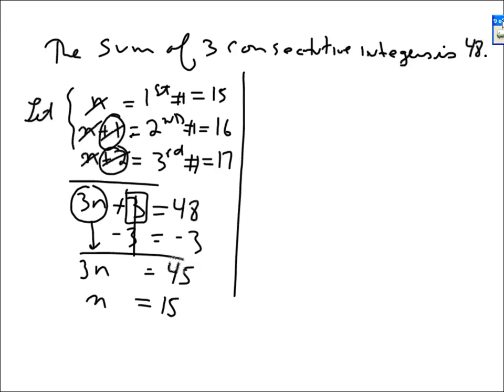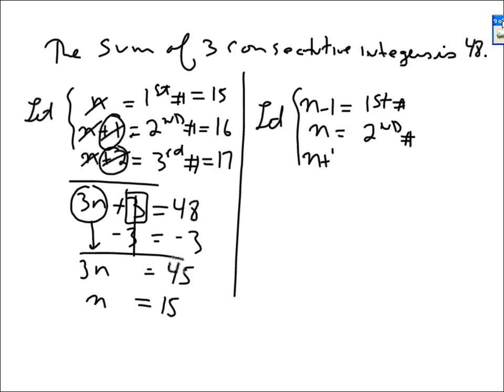How I like to do it is, since there's an odd number of numbers, there's 3 numbers, I'd rather let n equal the second number, the middle number. So then 1 less will equal the first number. And 1 more than the middle number, n plus 1, that will be the third number.